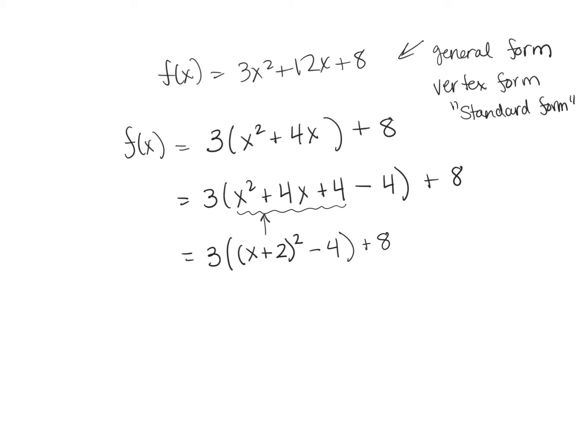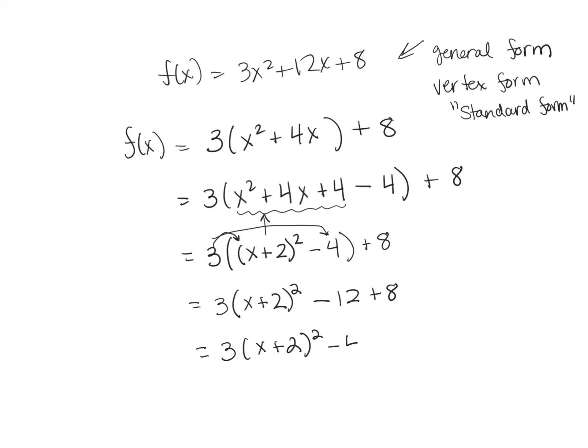Now, I'm gonna multiply my 3 into here and distribute it. So I have 3 times x plus 2 squared minus 12 plus 8. So this would be 3 times x plus 2 squared minus 4.